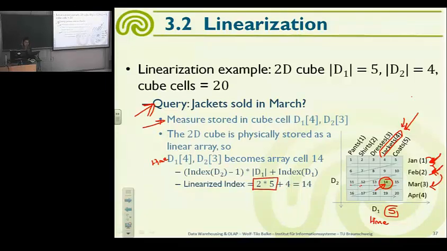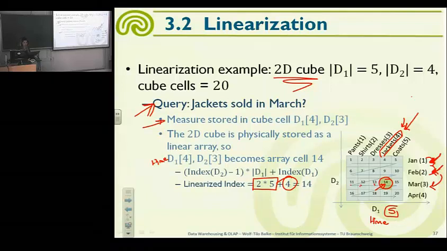So you jump the dimensions, and then you add up in the end the index of the item that you need to reach. And this is rather easy to understand on the 2D cube, and this is why we gave here the 2D cube, but it also works on the higher dimensions.